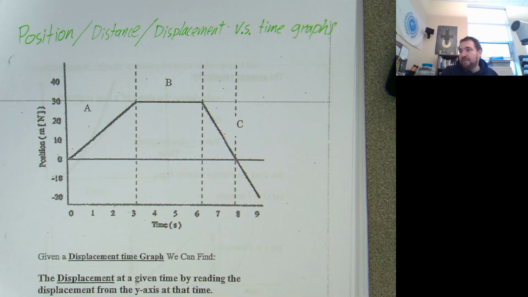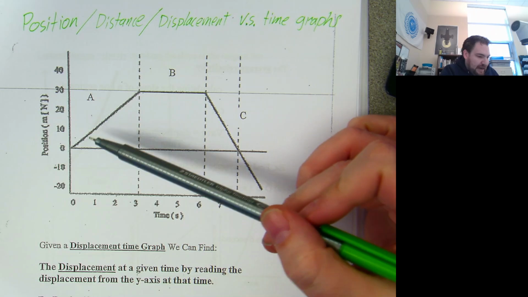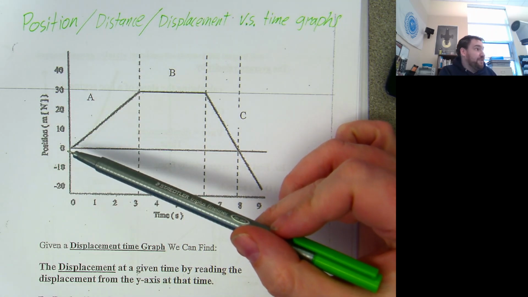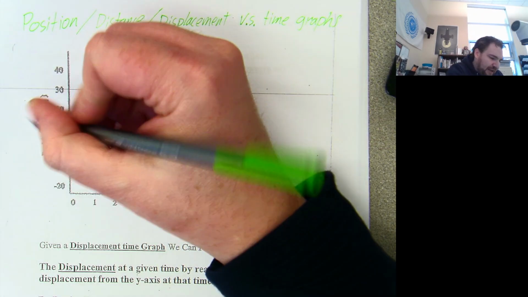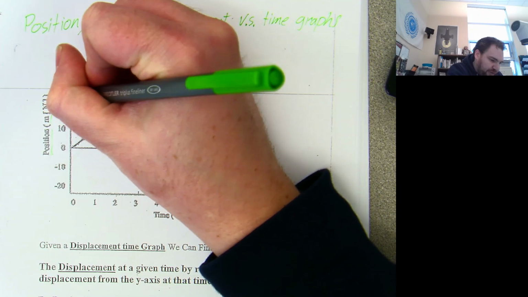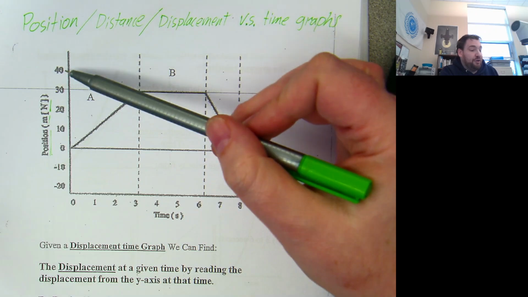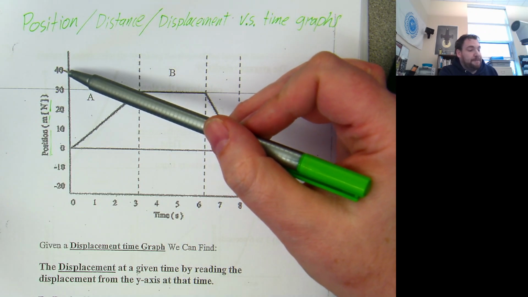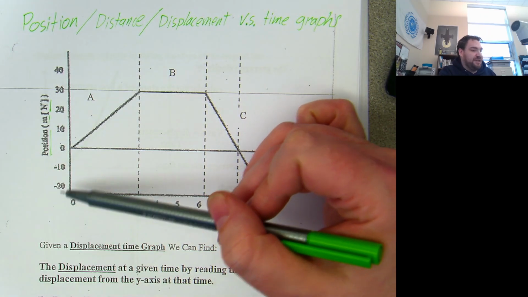This particular graph is demonstrating something you've seen before. It's similar to the swimmer one that I gave you a couple days ago. We've got a position in meters north. So that's what the positive values are, meters north. Negative ones would then be the opposite of north, which is south.